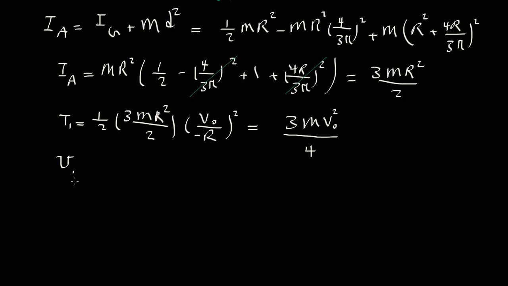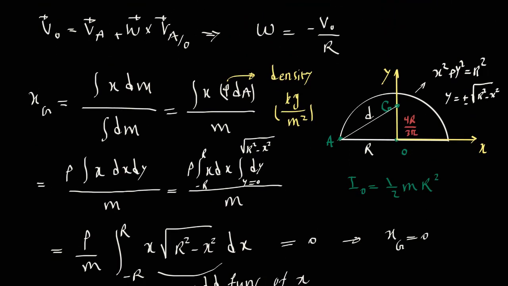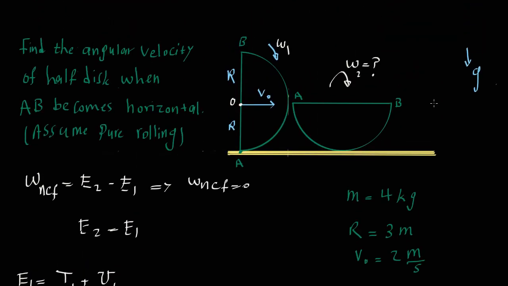For potential energy, we have to have a reference. Let's consider this bottom line as a reference for potential energy here. So if this is the reference for potential energy, we have to calculate the height of the center of mass from this line. We know that the center of mass is on this line here, 4r over 3π from this point O, and it would be just r, the radius of the circle, above this reference line.